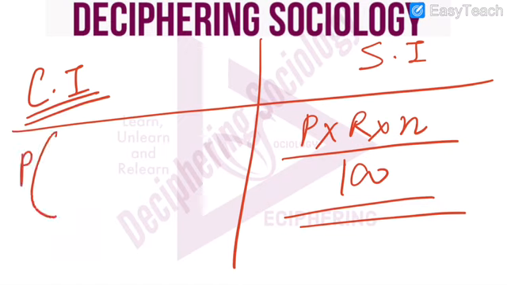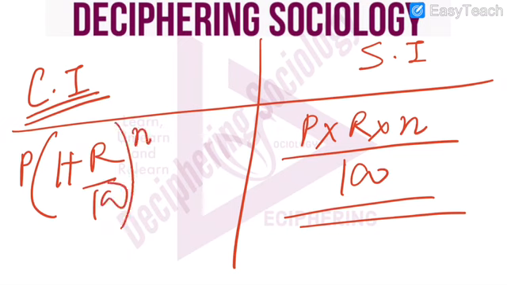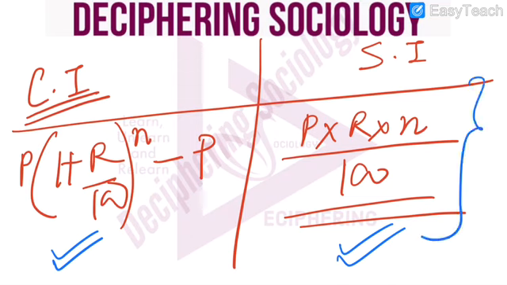It will be P into 1 plus R by 100 to the power n minus P. In the exam, they will not ask you to derive the formula, but the reason why we did it today was because I wanted you to understand that simple interest is very simple, is straightforward, and it is the same amount for every year. That is why we simply multiply P into R into n by 100.